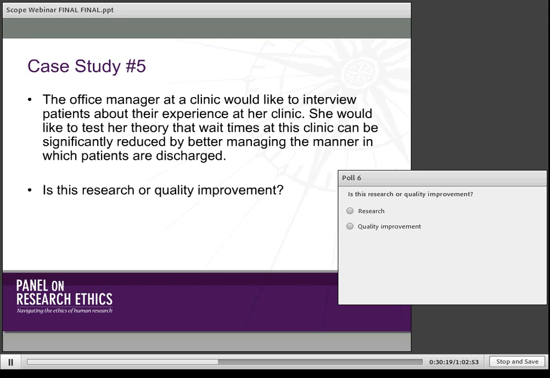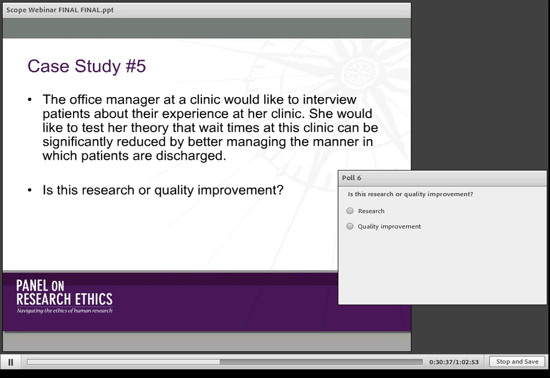In this case study, the office manager is questioning patients looking for ways to speed up the process of their discharge with the intention of modifying the discharge process and then measuring wait times to see if there's been improvement. And the question is, is this research or quality improvement?